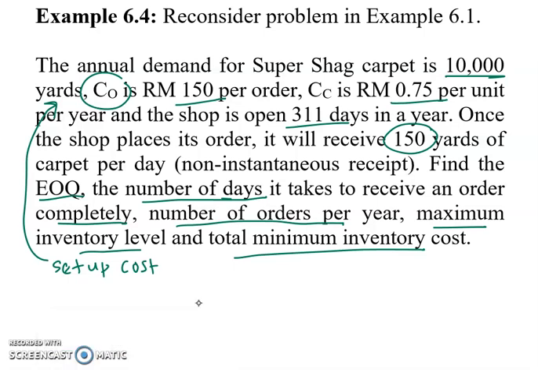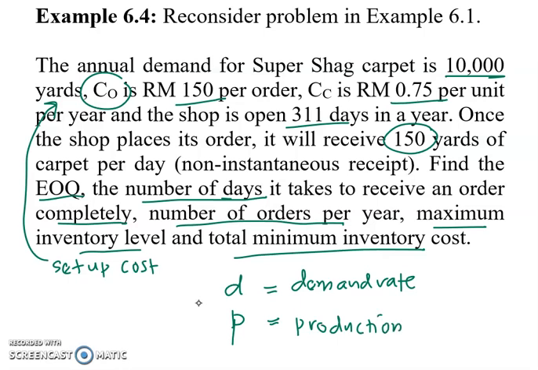Because this is about non-instantaneous receipt, we must have the value of D and also the value of P. D is our daily demand rate, or the demand rate per day, and P is our production rate. Let me put it here.